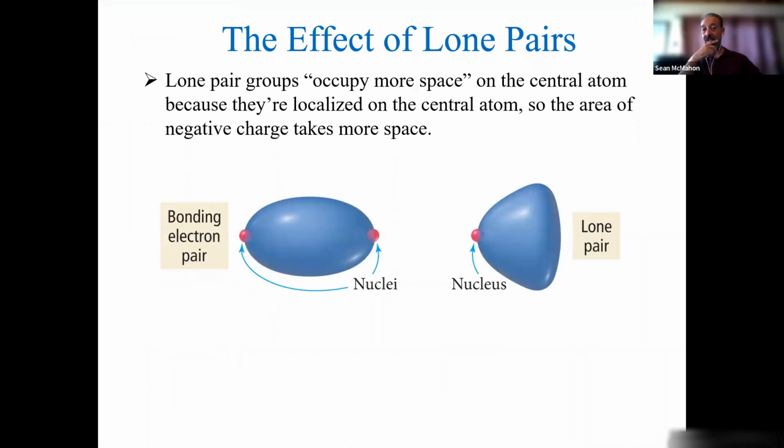Some of those Lewis dot structures, though, actually had lone pairs. And the lone pair, in actuality, affects the repulsion. Why is that? Well, if I have 2 electrons being shared between 2 nuclei, what they should be saying is here's 1 atom, here's another atom.